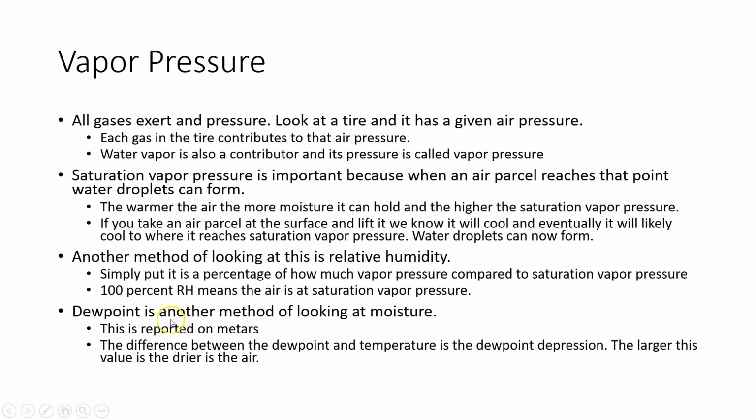Dew point's just another measure of looking at moisture. The higher the dew point, the higher the moisture. And these are always reported in METARs. The difference between the dew point and temperature, that dew point depression, the larger this is, the drier the air. The smaller it is, the more moist the air.